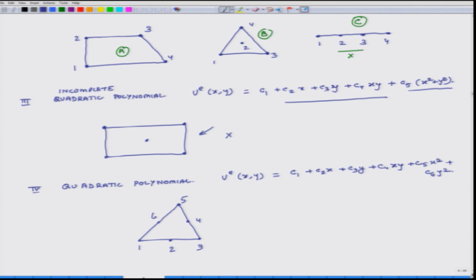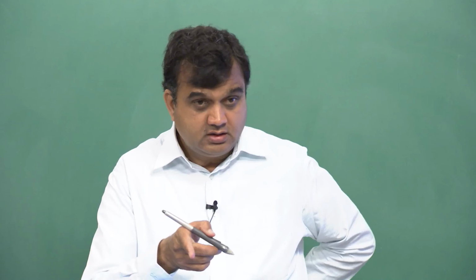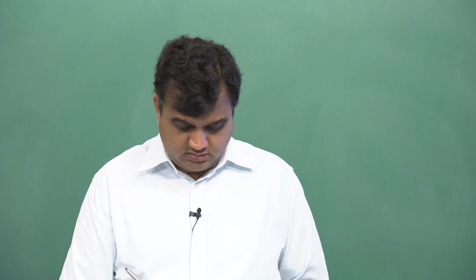Here the variation of u from 1 to 3 is not linear, it is quadratic. So, I need conditions at one additional point. Same thing is true for 3 to 5. The variation of u from 3 to 5 is not linear, but it is quadratic. So, for a quadratic expression, I need one additional data at one additional point.